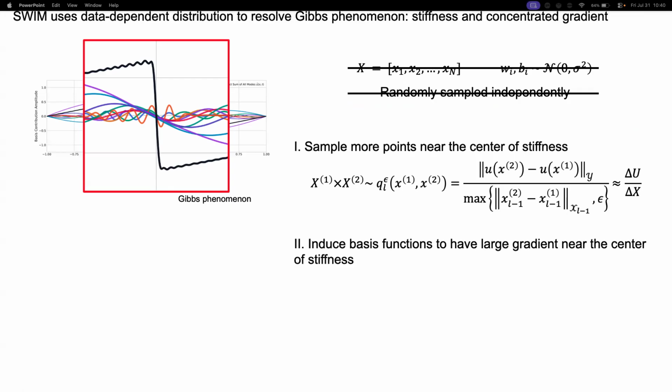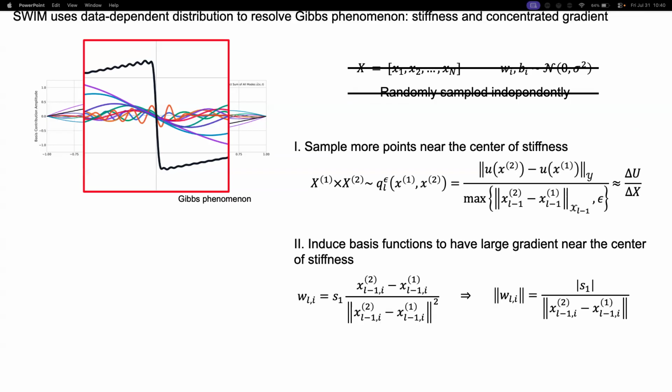And after that, we induce the basis functions to have large gradients near the center of steepness by setting the w as also data dependent. It looks like this. S1 is just a constant, and if we put a norm on this term, it will look like this.